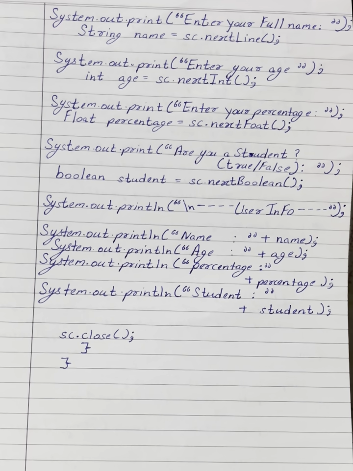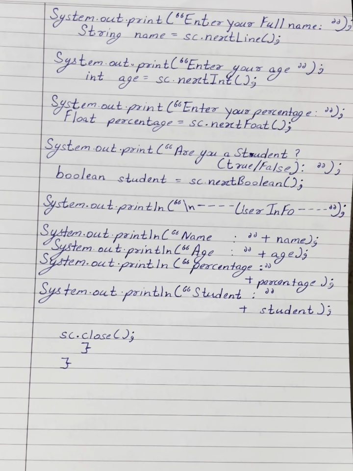First you can see the System.out.print method, where I write "Enter your full name". I already explained the rule of why we should write our message before entering any values. After that I write the code String name equals sc.nextLine.